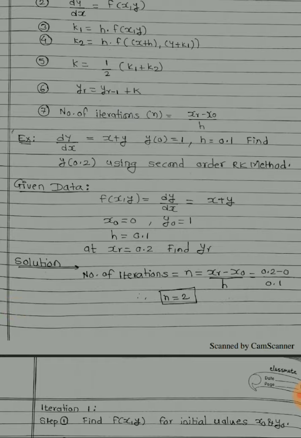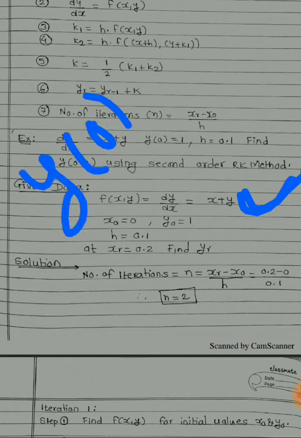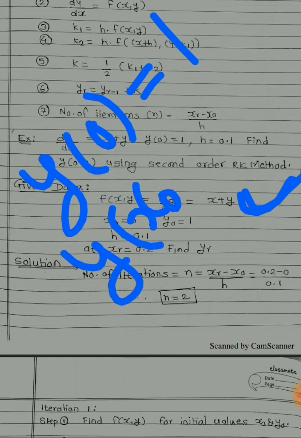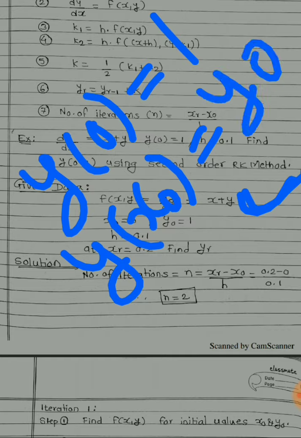Then I have the equation y of 0 is equals to 1. This equation to be always compared with y of x0 is equals to y0. So I will understand x0 is equals to 0 and y0 is equals to 1. This I need to understand out of it.